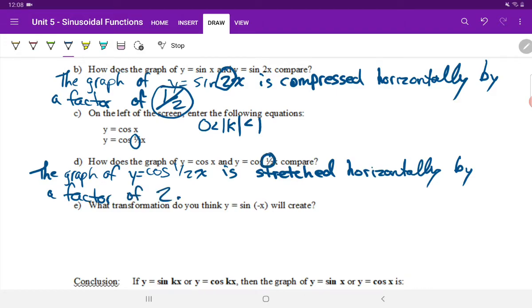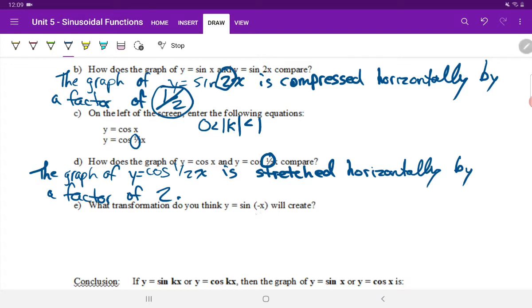So we had a 1/2 here for k, and we got a horizontal stretch by a factor of 2. And if our k value was, say, 1/3, we would get a horizontal stretch by a factor of 3. The period would actually triple. If we got a 1/4, the period would actually quadruple. So it continues to horizontally stretch this out.